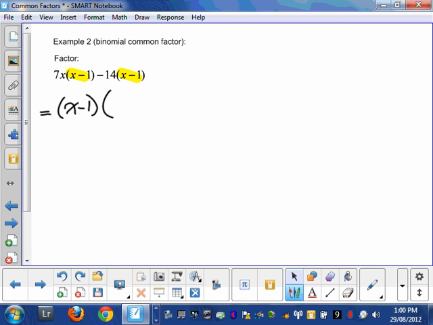Then I open a bracket, and what's left from my first term after I factor x minus 1? 7x. And from the second term after I factor, negative 14. Okay, there you go.